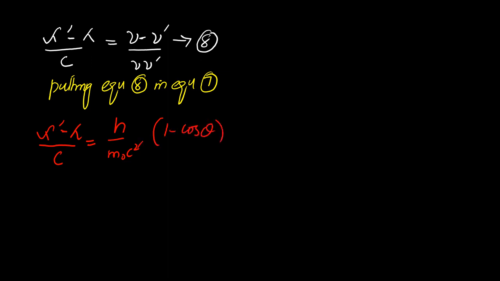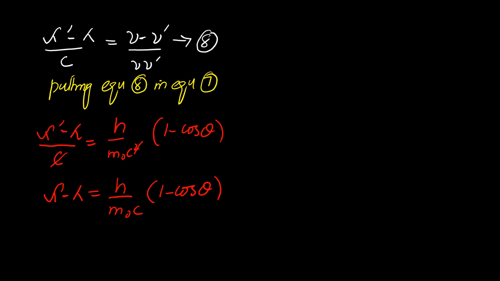So this c square will be cancelled with c, and we will get the new equation as lambda prime minus lambda is equal to h divided by m naught c into 1 minus cos of theta.